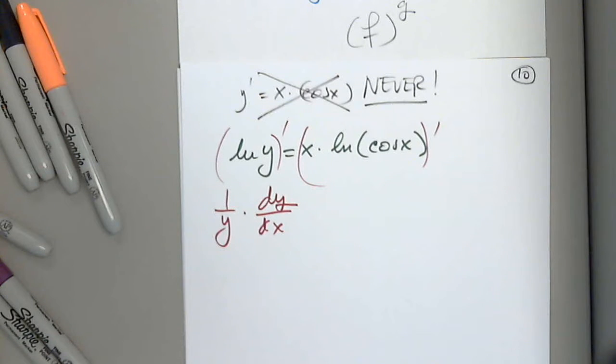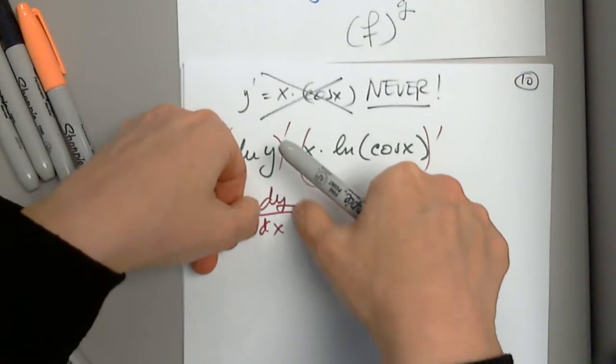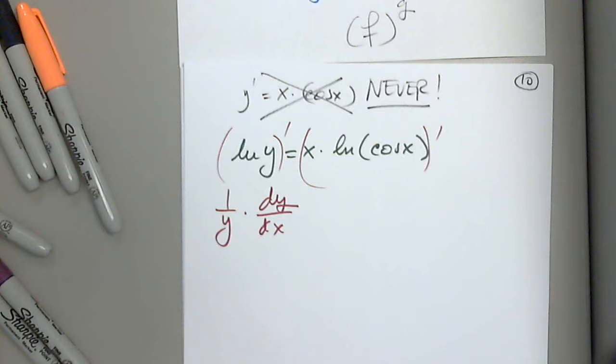This is the notation for f prime of x. However, this piece and this piece mean something if we separate them. This is a differential of y, and this is a differential of x. But if we put them together, that ratio means f prime of x.